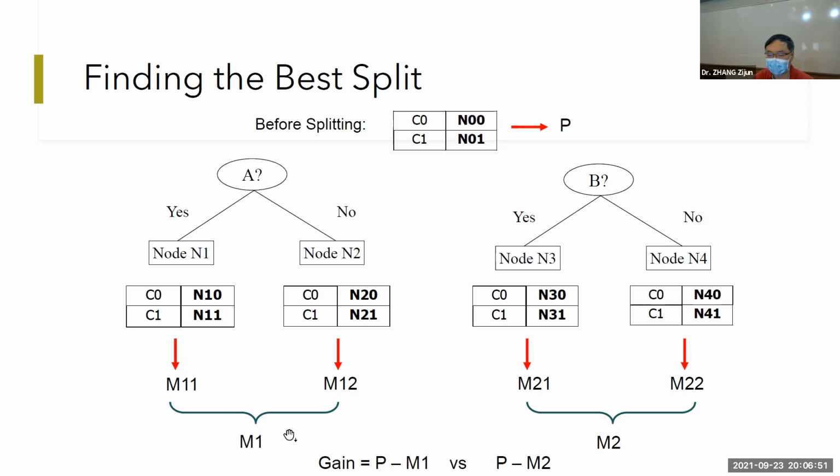Okay, so M1 is the impurity measure after splitting based on attribute A, and M2 is the impurity measure after splitting based on attribute B. All right, then we compare these two, and we find the one that has the largest gain as the best split. Okay.